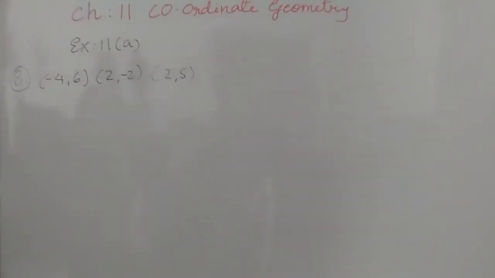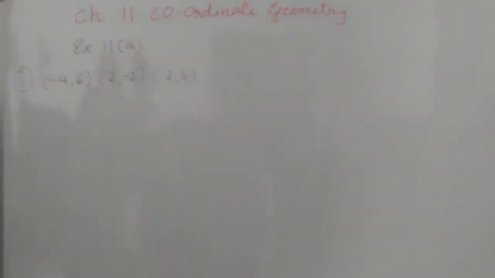Now question number 8. Find the centroid of the triangle whose angular points are (-4, 6), (2, -2) and (2, 5). These are the 3 points. Angular points means the 3 vertices of a triangle, and we are asked to find the centroid. In the first video we have already derived the formula for the centroid. Here x1, y1, x2, y2, x3, y3 are given to us.